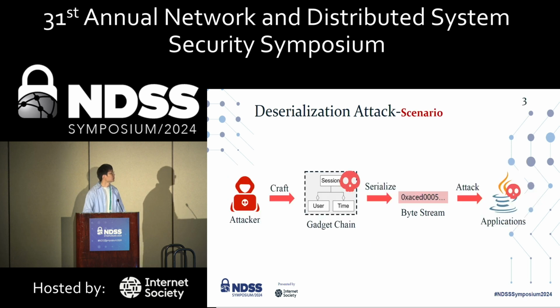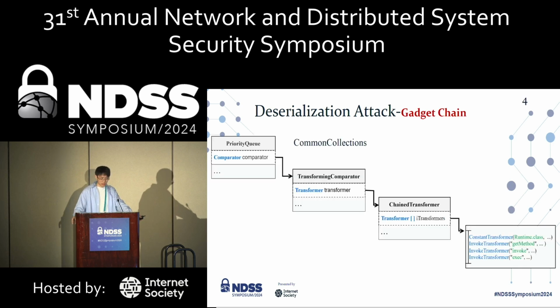However, this mechanism poses a significant risk called deserialization attack. During attack, attackers can craft a gadget chain that serialize it into bytestream. If the application deserializes the bytestream from attackers, it can cause serious consequences like RCE. The gadget chain is a carefully designed object with special structures.